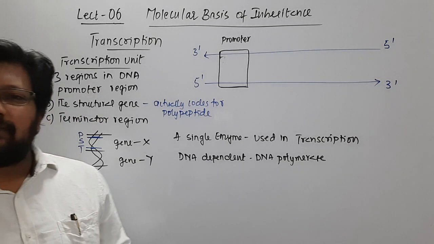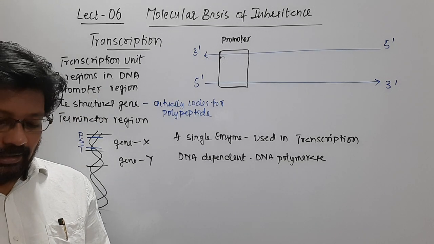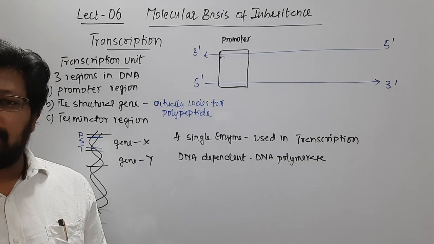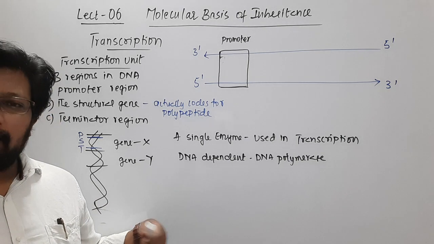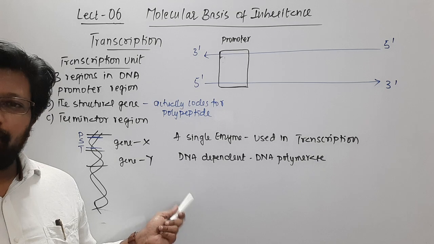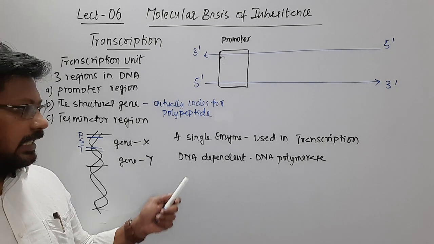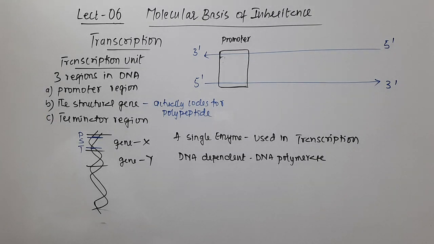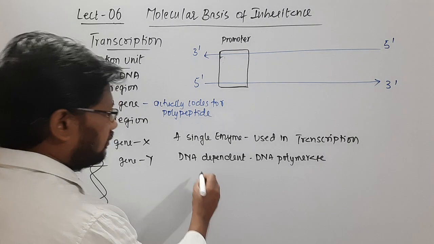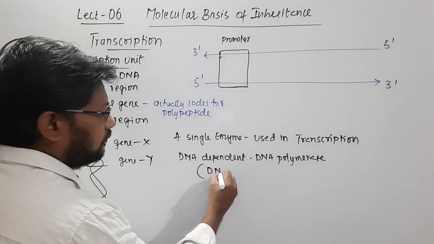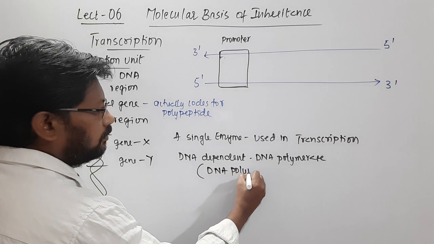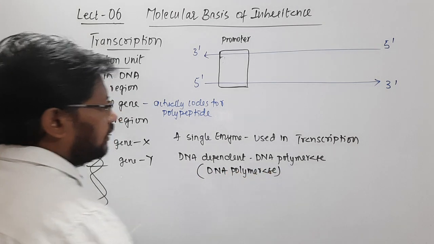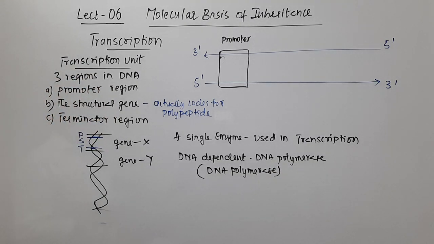In the case of replication, we have seen an enzyme called DNA dependent DNA polymerase, and in this case we see an enzyme called DNA dependent RNA polymerase enzyme. Simply you can call it RNA polymerase enzyme.